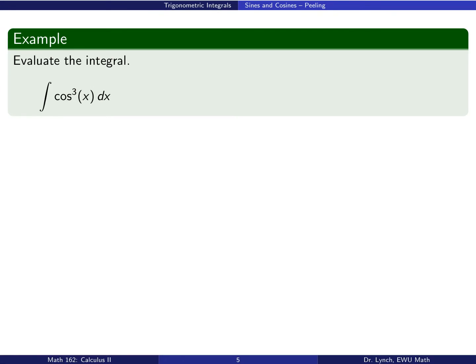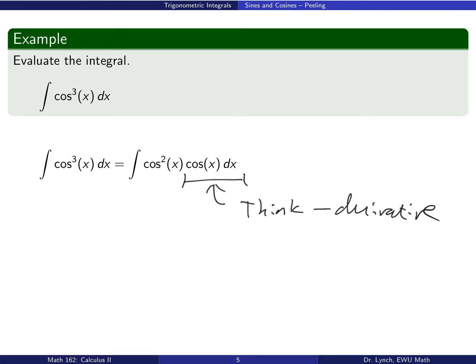Okay, so here's the first one, the integral of cosine cubed x dx. Odd power of cosine, let's go ahead and peel a cosine. In other words, peel a derivative. So if I'm thinking of cosine as the derivative, that means I'm thinking of sine as a function.